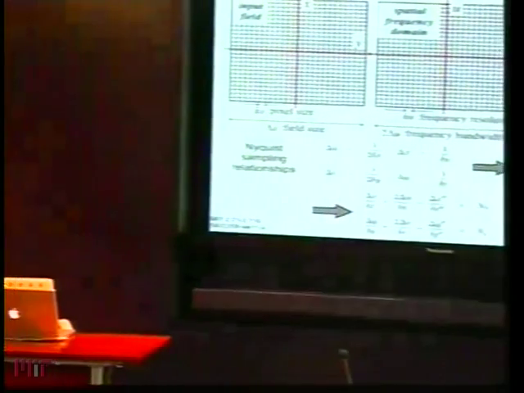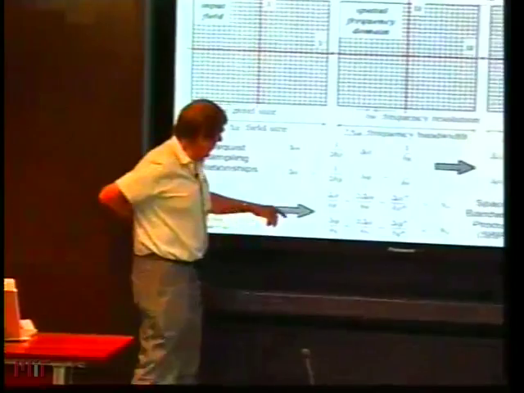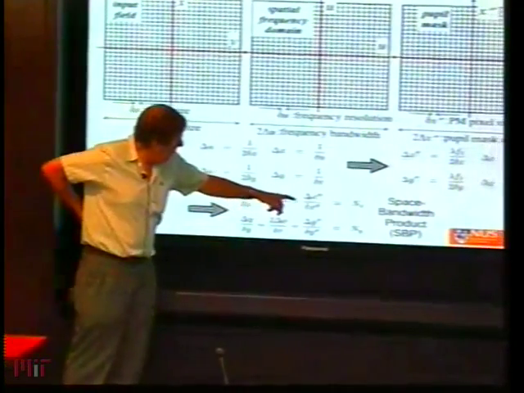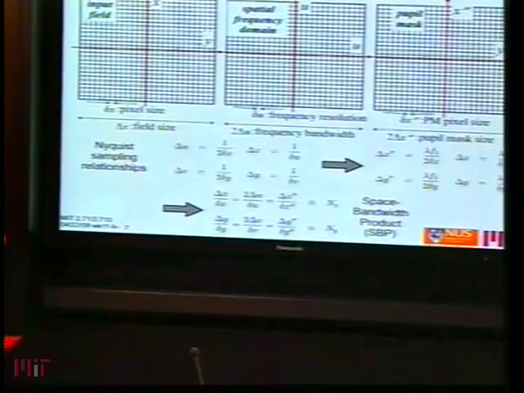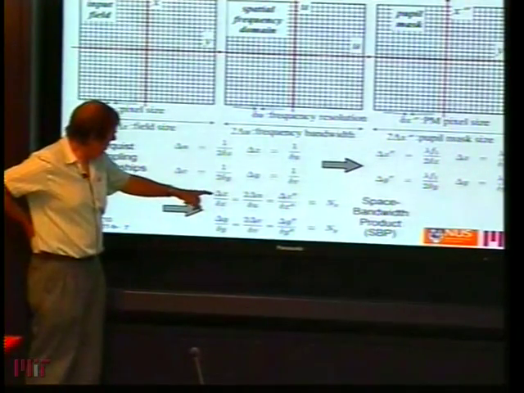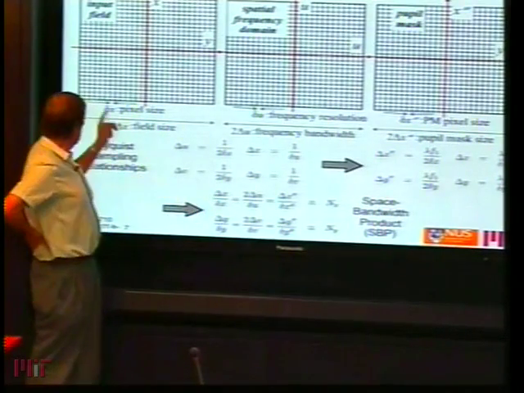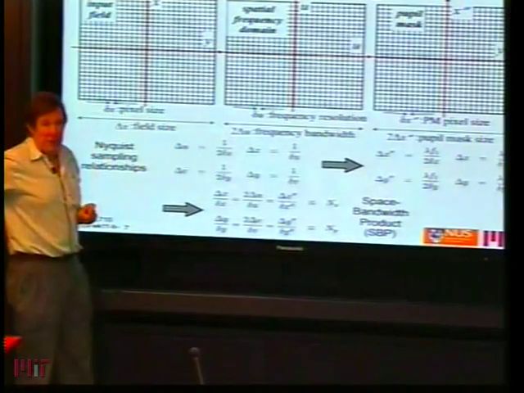Now what you can notice from that is that these things are all equal and equal to some constant. This thing is called the space bandwidth product. So you look at what this means. Delta x over delta x is the field size divided by the pixel size.